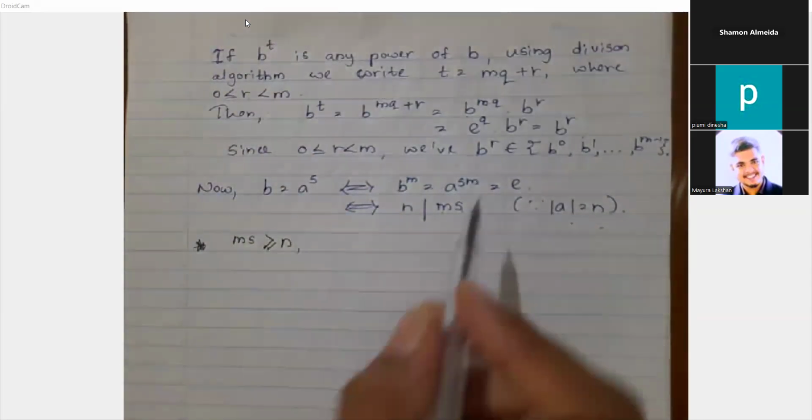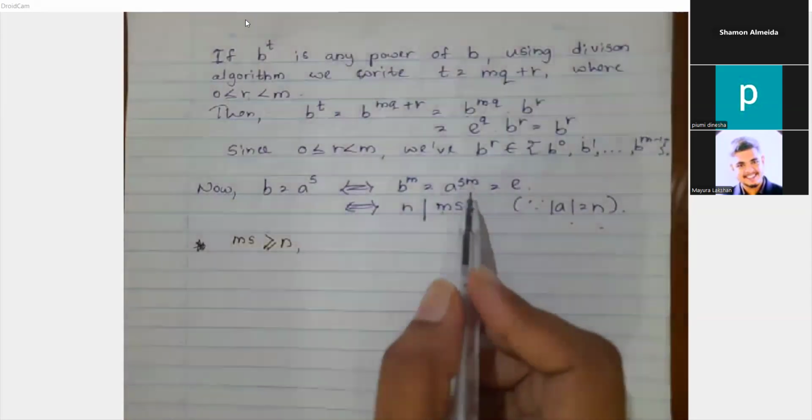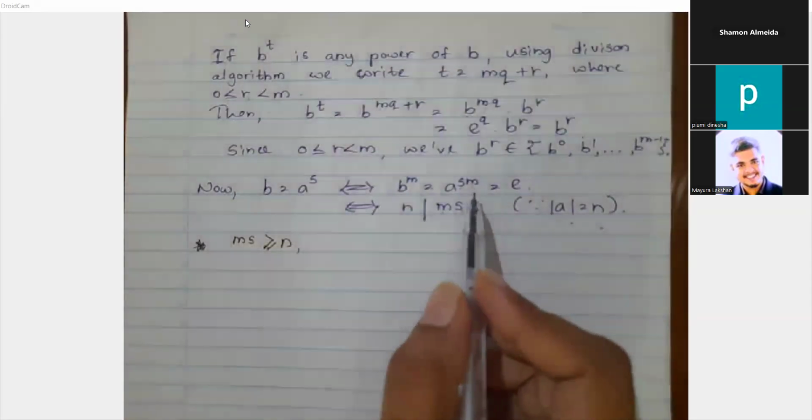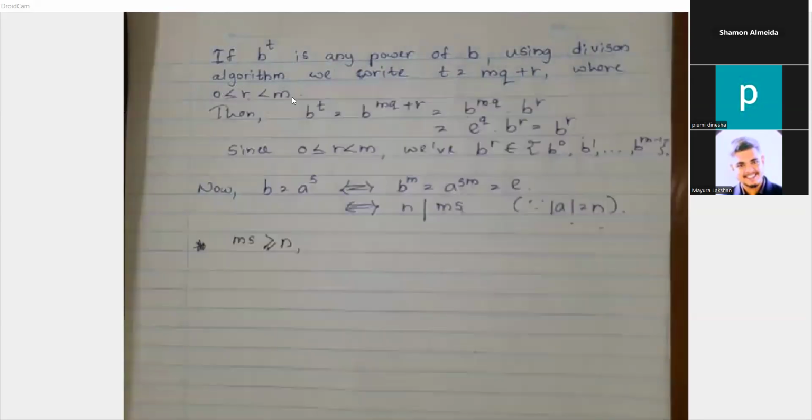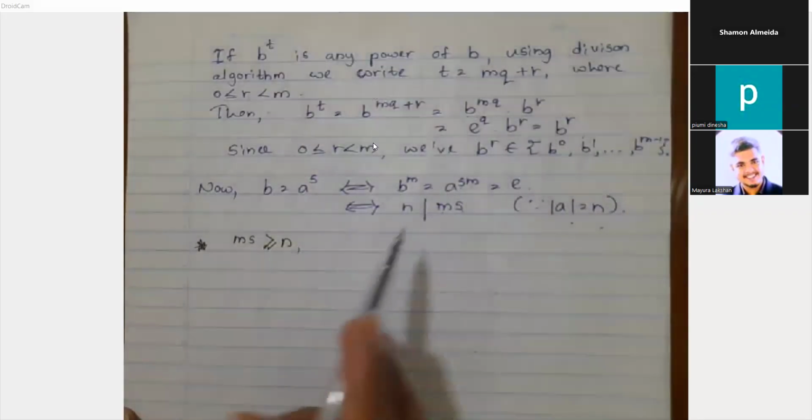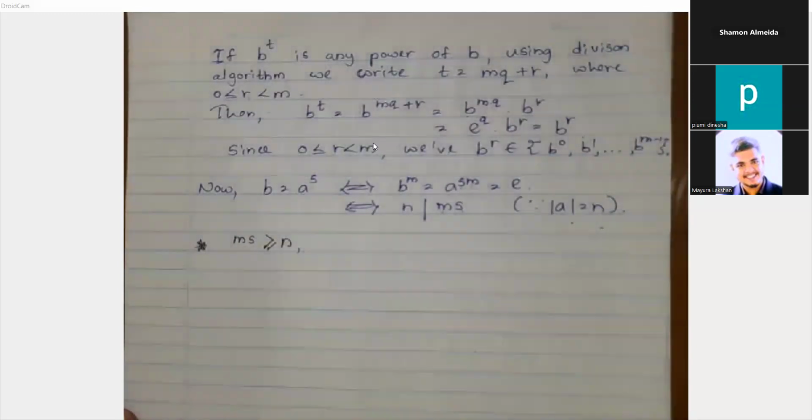Now we have for some other integer ms, both of which are positive integers, the power of a to be the identity. So this tells you ms is either n or a value greater than that, definitely not less than n.